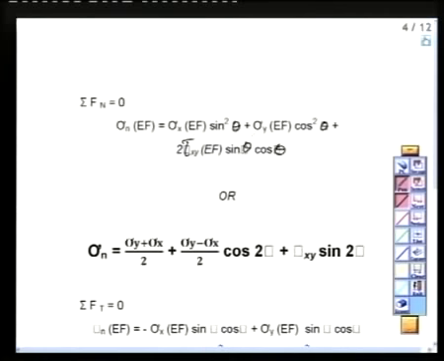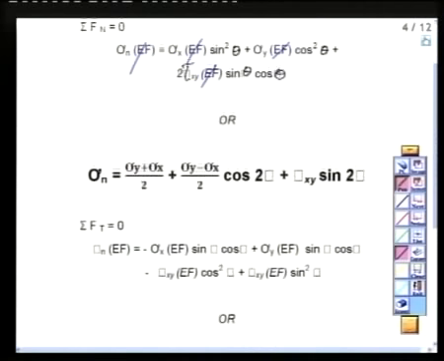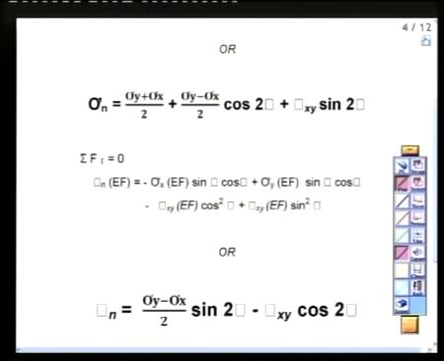We can omit EF. At the end we end up with this equation, which is important: sigma n equals sigma y plus sigma x divided by 2, plus the difference between sigma y and sigma x divided by 2 times cosine 2 theta, plus tau xy sine 2 theta. This is an important equation.